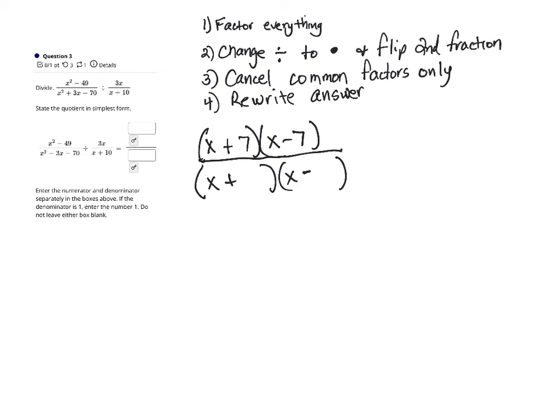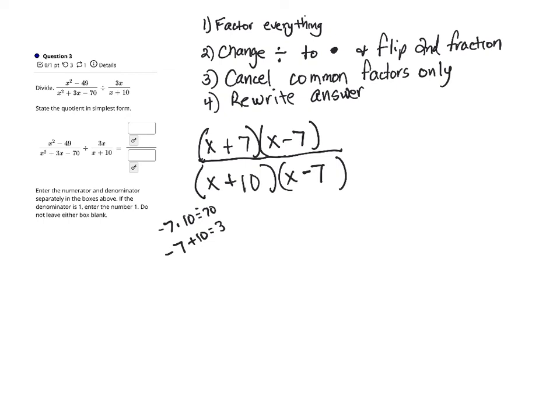So if you think about it, 7 times 10 equals 70, and if you subtract 7 minus 10, you'll get a negative 3. But we want to do minus 7 plus 10, because that will give us a positive 3, and that's what we're wanting. So that means this will give us a negative 70. So we want a negative 7 and a positive 10.